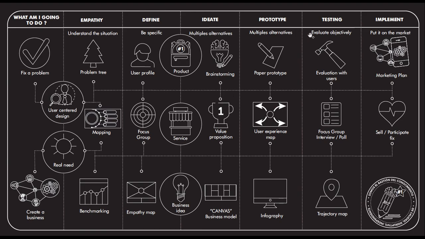Some of these tools can change because we have more than 200 resources, more than 200 tutorials of different components that can work very well. But it's very important that you understand that the outcome of your project will be a product, service, or business idea, but you don't know what to do until you are in the define stage and you're going to start ideating.